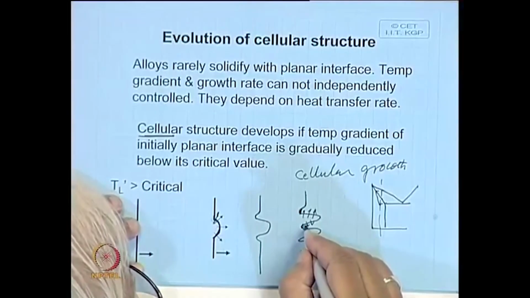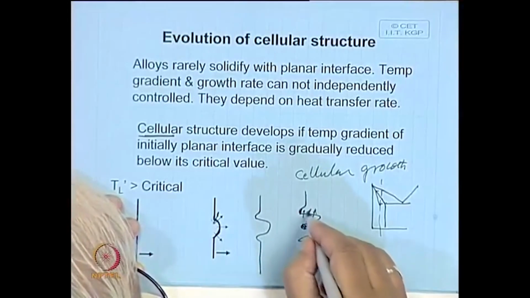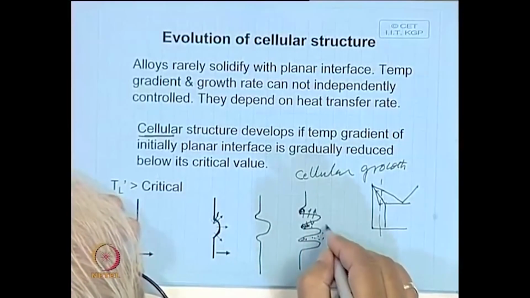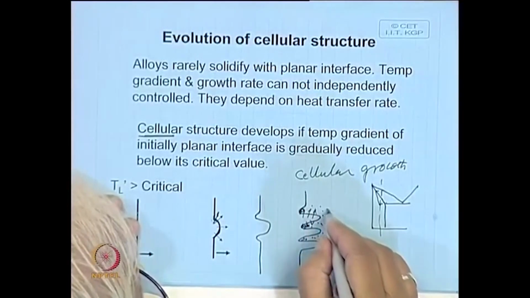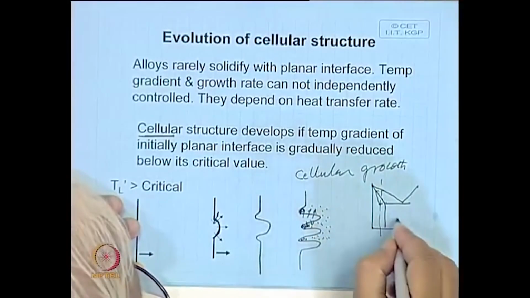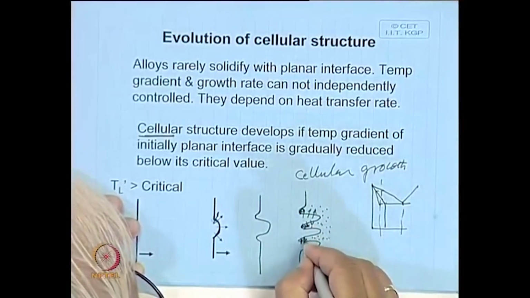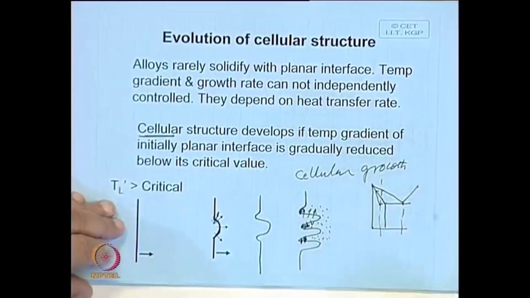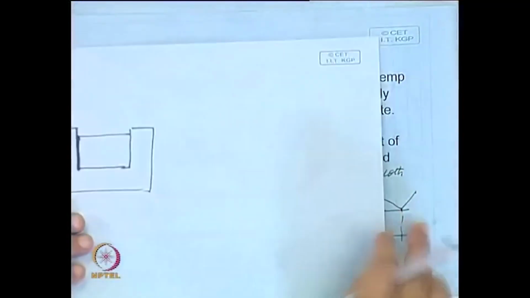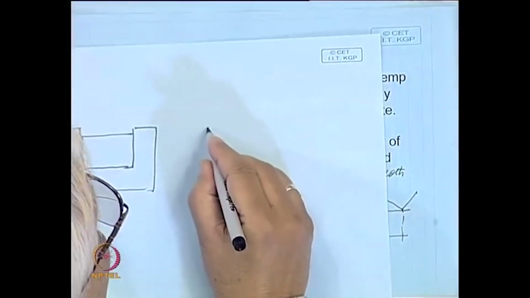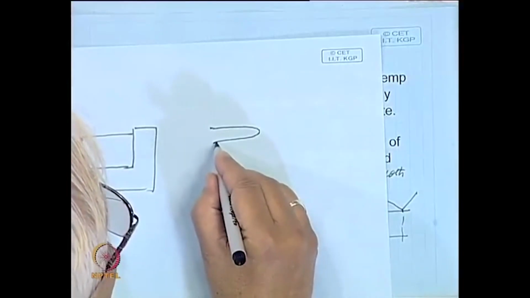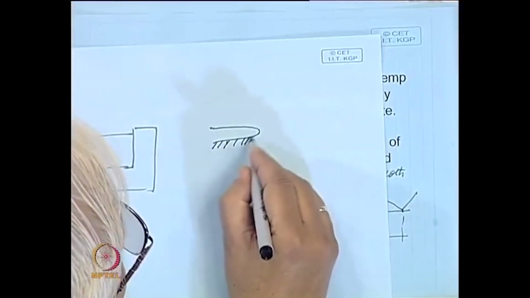So, here you have liquid, here it is very rich in solute, in this end very rich in solute, here it is leaner in solute, this portion it is leaner, and here when it reaches that eutectic composition, it will get converted into a eutectic structure. So, what you will have here, once the solidification is complete, you may get this type of structure here, and here you have eutectic.